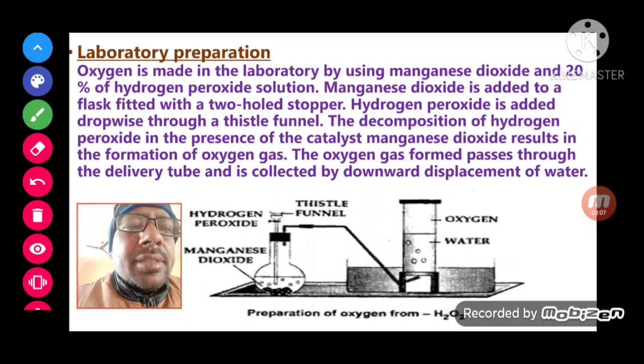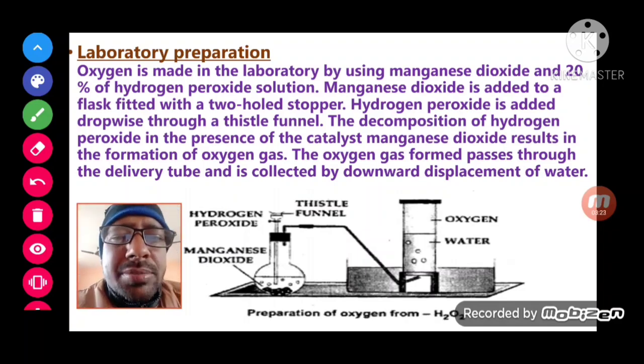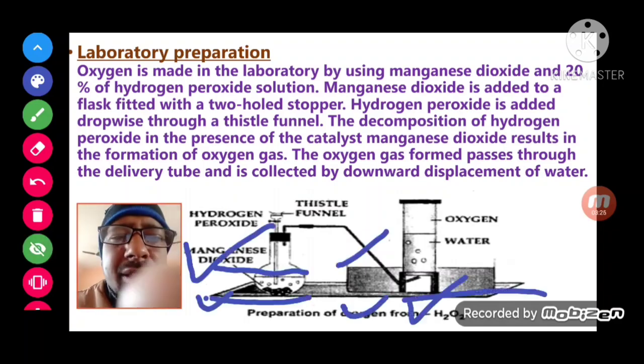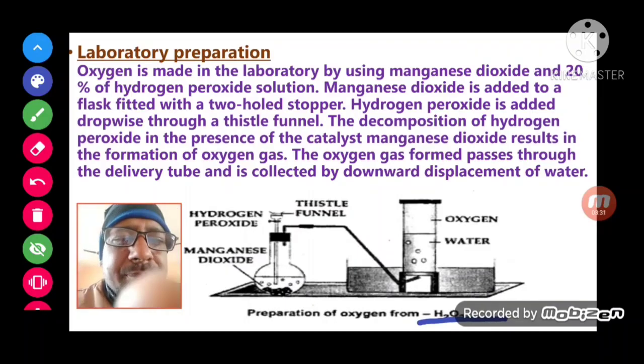Oxygen is made in laboratory by using manganese dioxide and 20% hydrogen peroxide. What is the formula of hydrogen peroxide? H2O2. Yes, my dear students, you can see here H2O2, that is the formula of hydrogen peroxide.